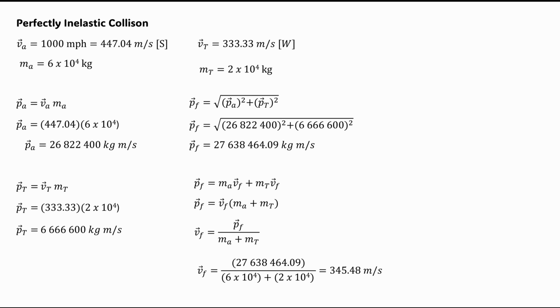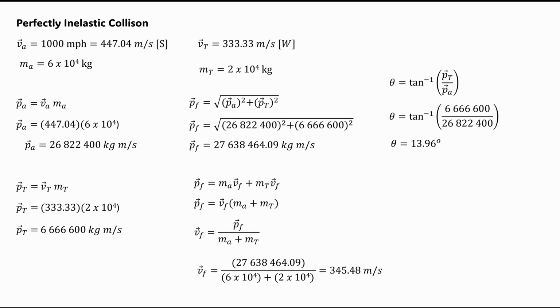Thus, by the conservation of momentum, we find our final velocity to be our final momentum over the sum of our masses, which gives us a magnitude of velocity of 345.48 meters per second.